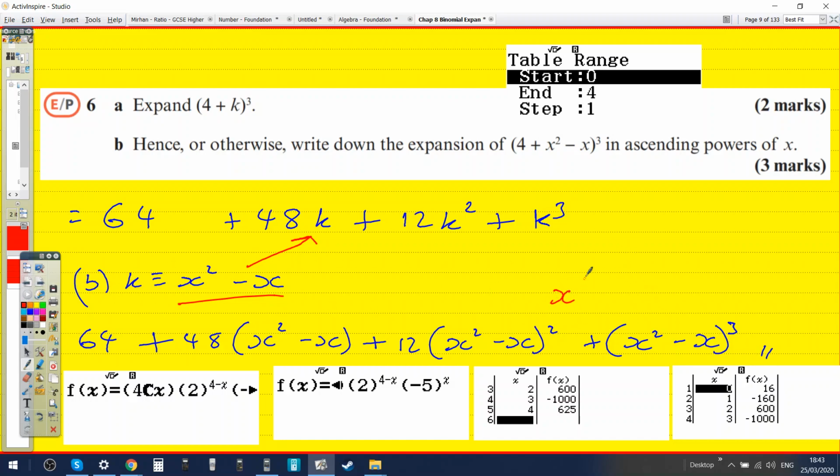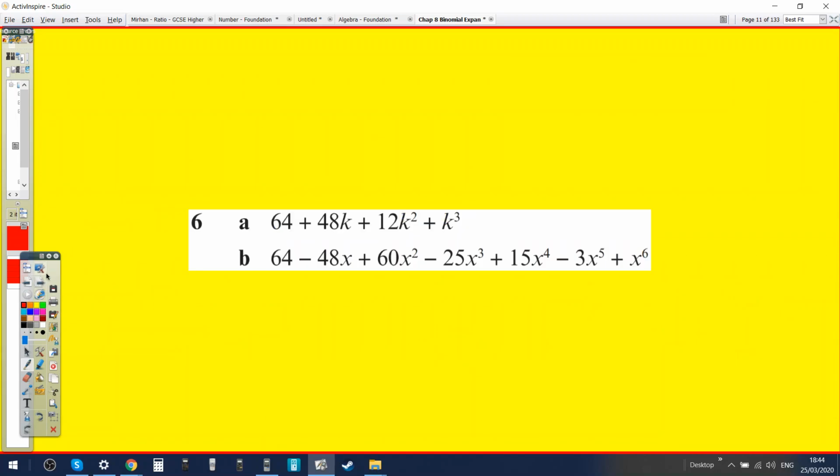So that would be like x to the 6 minus 3 x to the 5 plus 3 x to the 4 and then minus x to the 3, I think it was. And you would expand all of this stuff and fully simplify. And you should get the answer that they got.